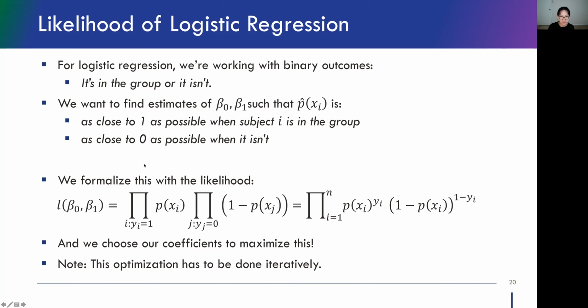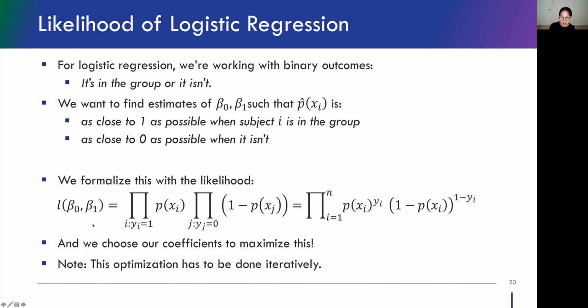We can write the likelihood like this, where i goes from 1 to n, because we have n data points. The likelihood is about the data given your model. We choose our coefficients, which are within this p(x) term, to maximize this likelihood L.